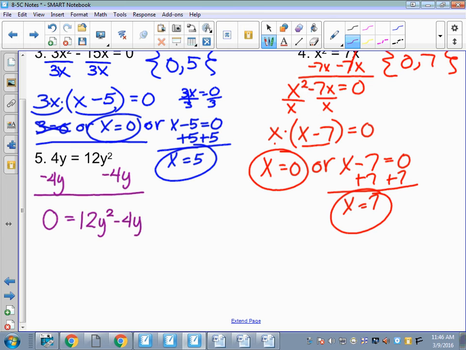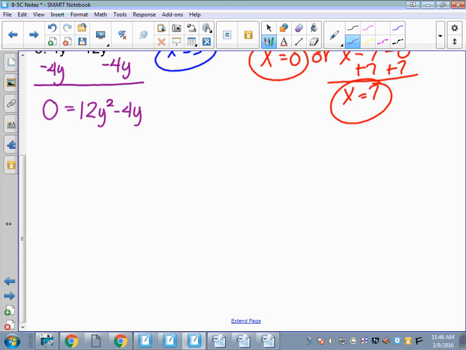And then GCF, take out its greatest common factor, divide by 4y, divide by 4y. And so 0 is equal to 4y times the quantity 3y minus 1.